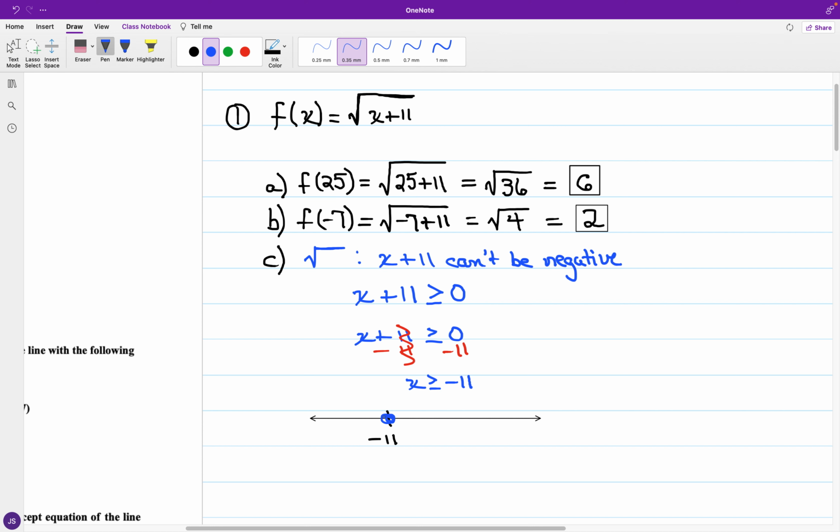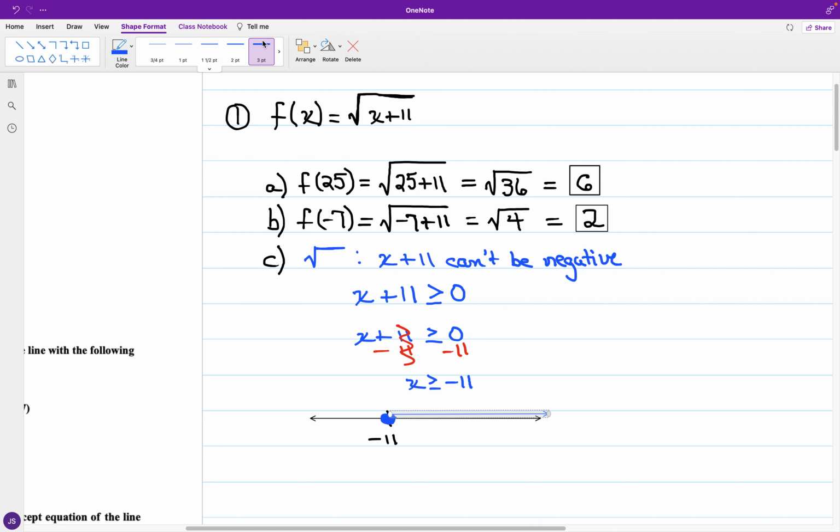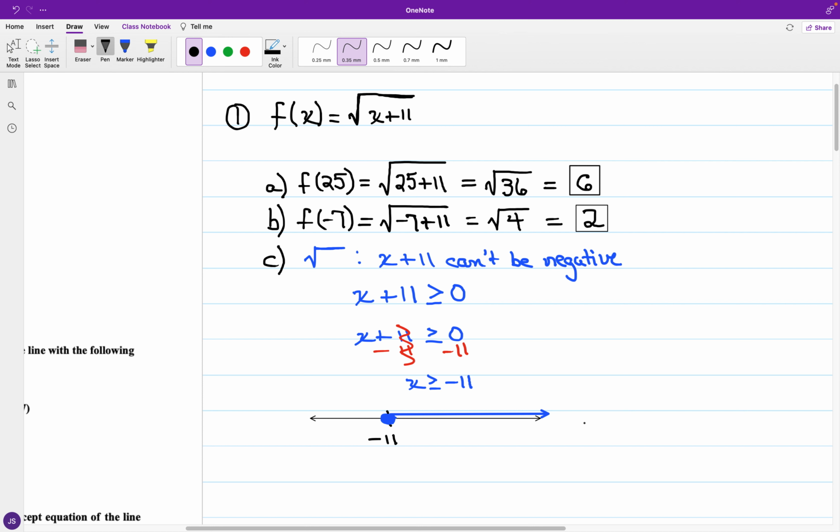On the number line we have a solid point on negative 11, and the rest of the values of x will be greater, so we have a ray going out continuously to the right, increasing and heading out in the direction of infinity.